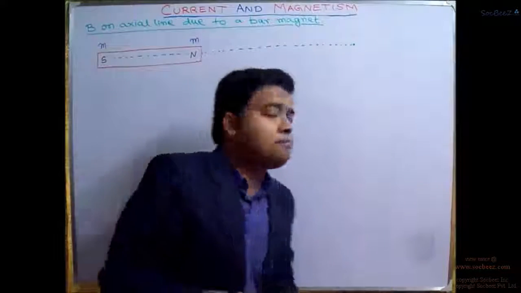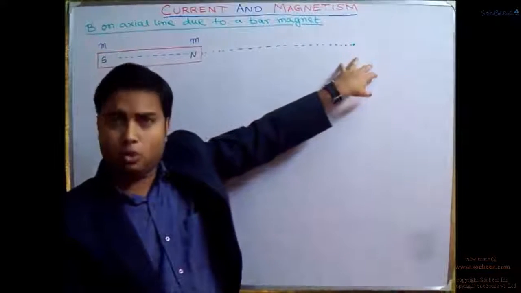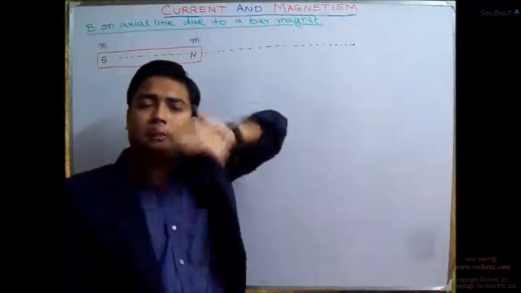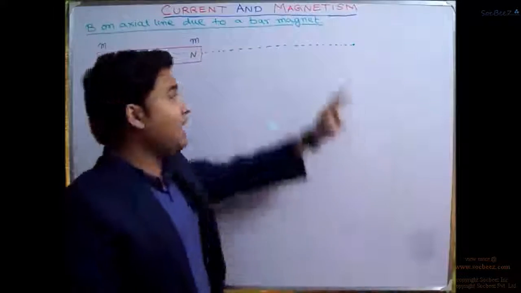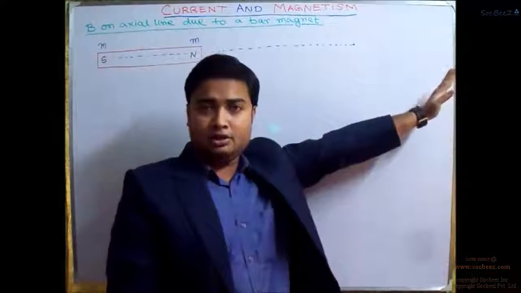Now say for example, as it is assumed that over here it is the North Pole, the magnetic flux density at this point due to the North Pole will be in this direction.